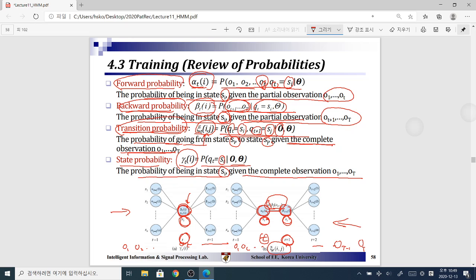And the state probability, which comes down to here in the first picture, would be the probability of being in state i at time t, given the complete observation, which is denoted by gamma sub t of i. So these two pictures at the bottom indicate the transition probability as well as the state probability, which is going to be shown in more detail.